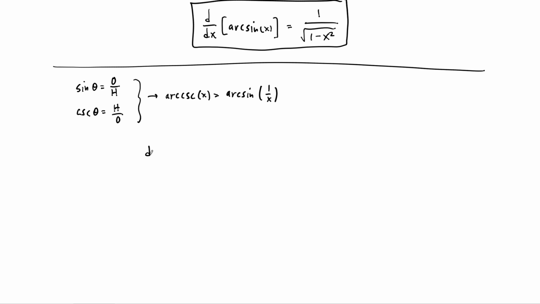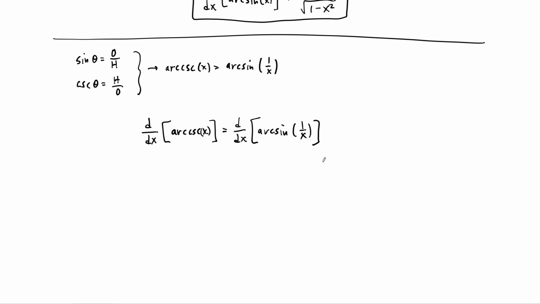So let's compute it. Derivative with respect to x of inverse cosecant, or arc cosecant, of x. Well, what's it going to be? Just by identity, it's the derivative of d by dx of arc sine of 1 over x.